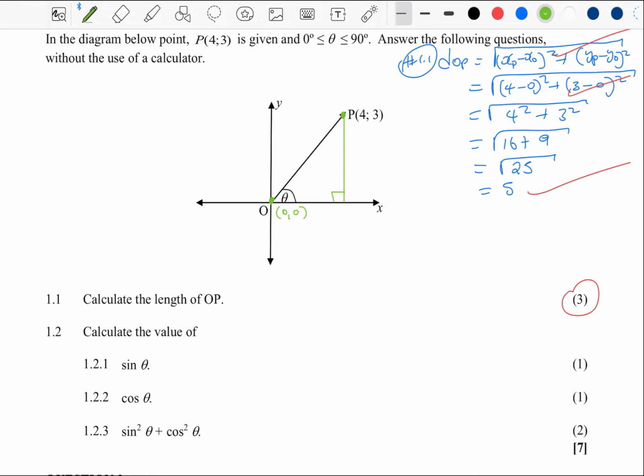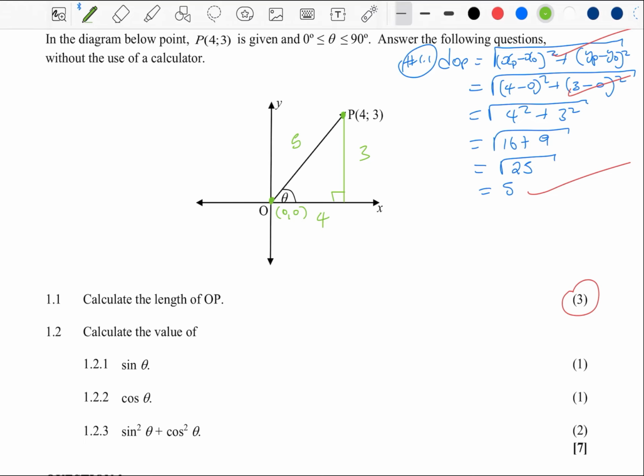So the distance between 0 and that point is 4. And now the distance between this point and that point over here is 3. So that's why you have that 4 and 3. Okay, and then we are told that the distance between 0 and P, which you found here, is 5. So this is equal to 5. This is the information that you need to know, right, from 1.1.